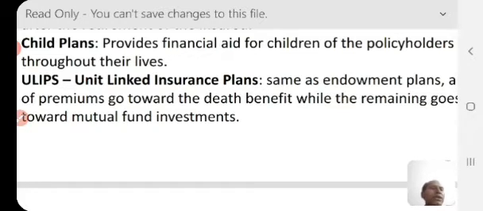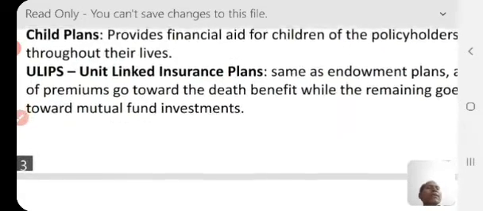In adverse conditions, if the unit prices decrease, the return on ULIPs will be less compared to normal situations. So this maturity amount is based on the prices of the units which are concerned with the investments.